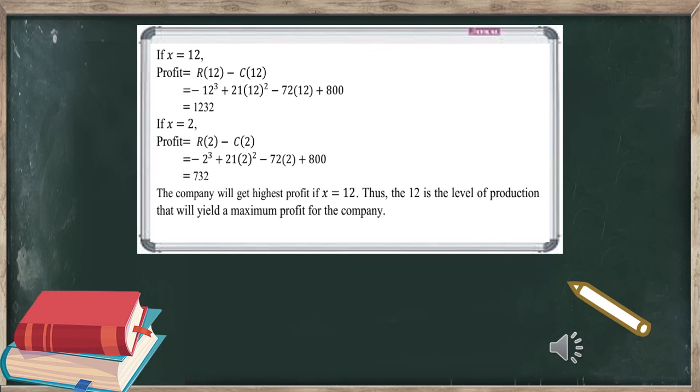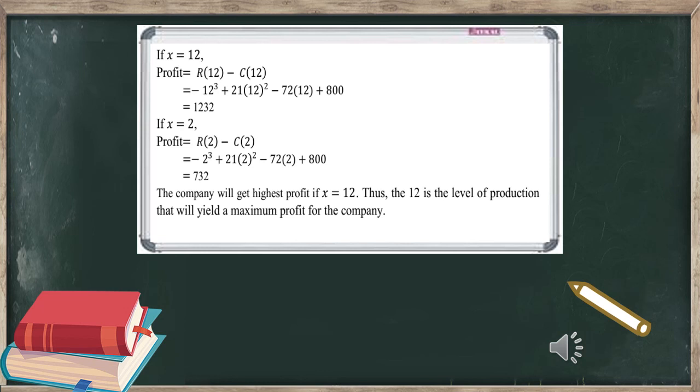So next step, if x equal to 12, we use the profit function and then we place 12 into the x, and then we get negative 12 power of 3 plus 21 times 12 squared minus 72 times 12 plus 800, and then we get the final answer is 1232.